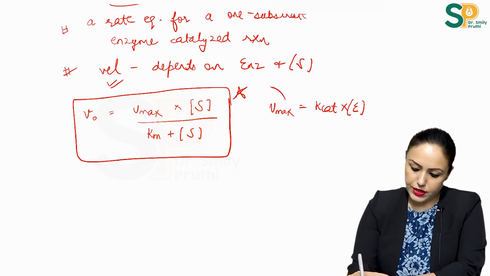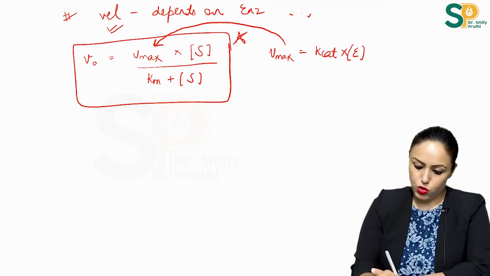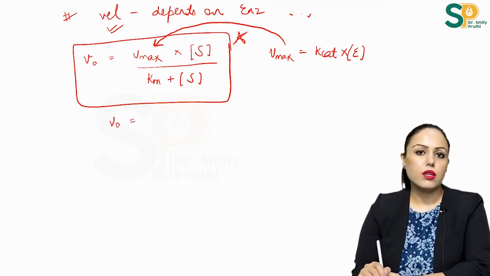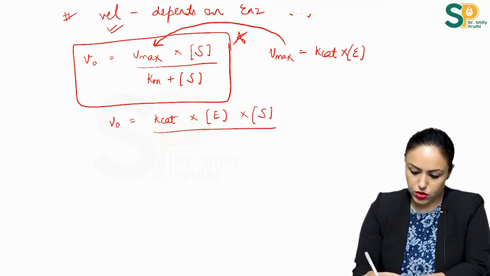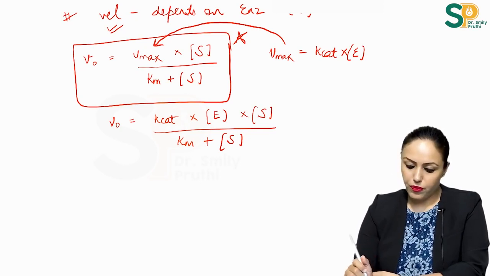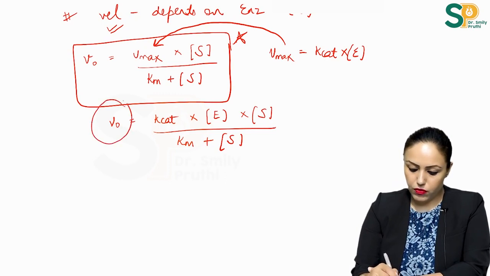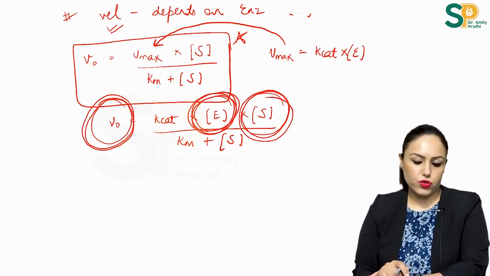So we can place the formula of Vmax in this equation. So our equation becomes V naught is equal to Kcat, which is a constant, into enzyme concentration into substrate concentration divided by Km plus substrate concentration. Okay, so you can see that our velocity depends on enzyme concentration as well as substrate concentration.